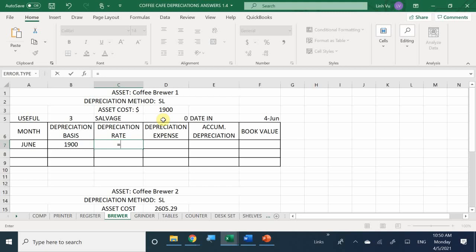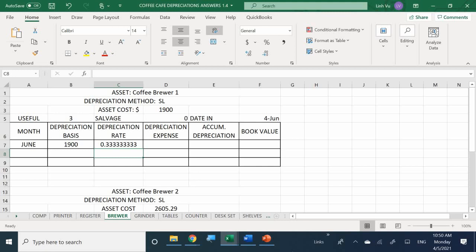What did you say? 33. Okay, how did you get 33? 1 divided by useful life. Correct. 1 divided by the useful life, which in fact is 0.333333.